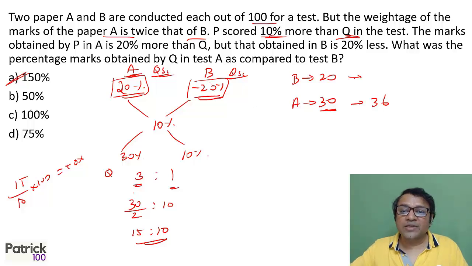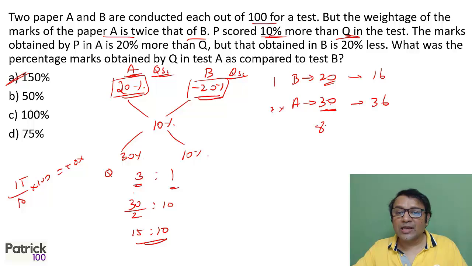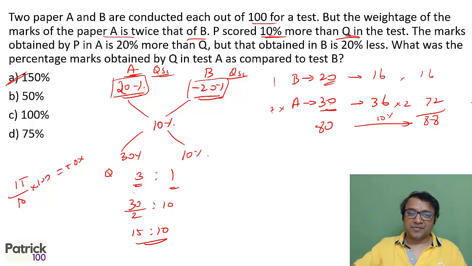And in B, 20% less, minus 4, 16. If you remember, the weightage of A is double that of B. So here the score becomes 30 twos are 60 plus 20, 80. Here it becomes 36 twos are 72 and 16 ones are 16. So it becomes 88. So 10% more, satisfies.